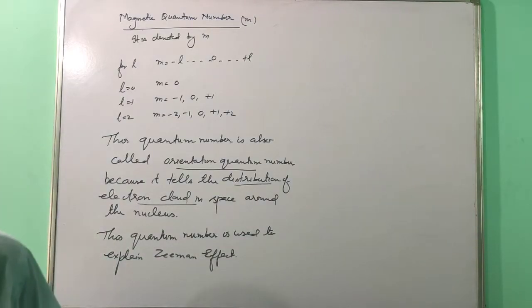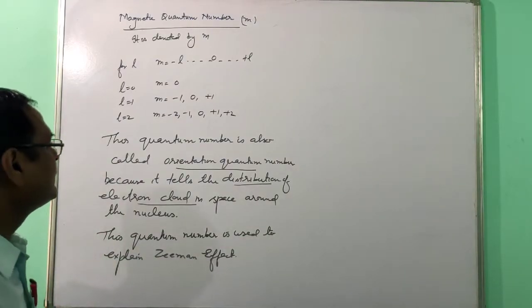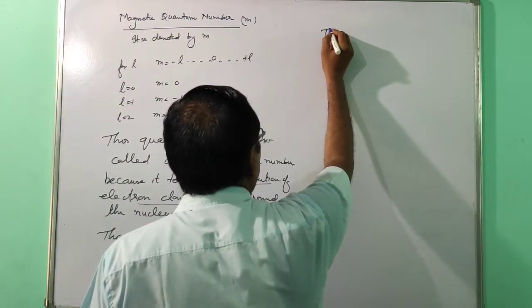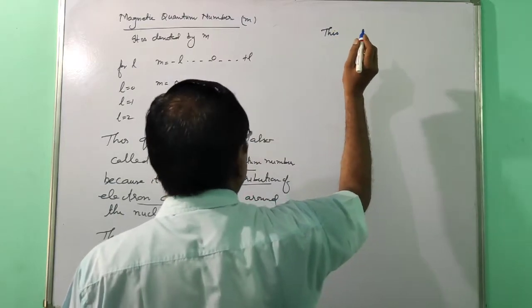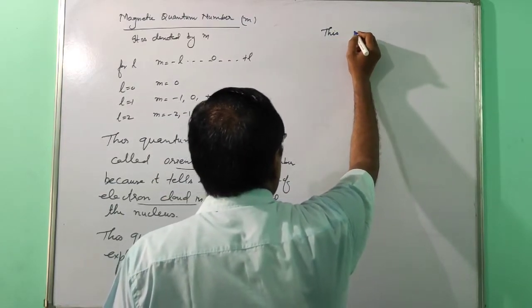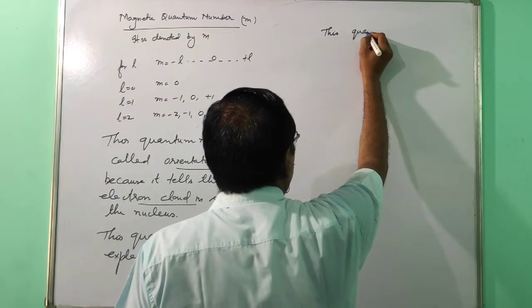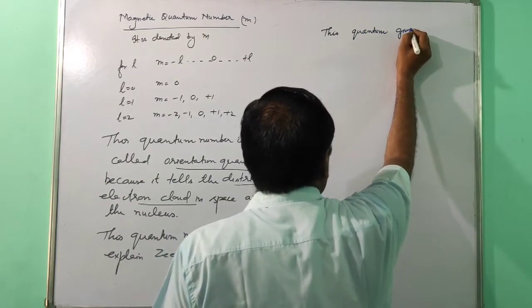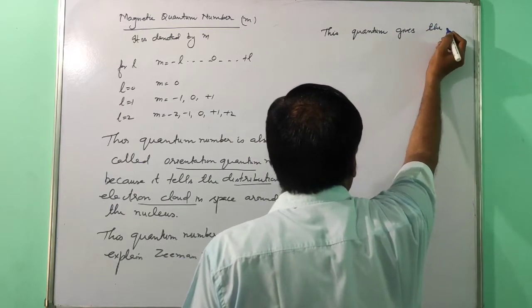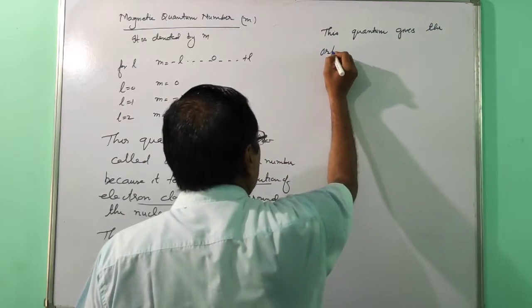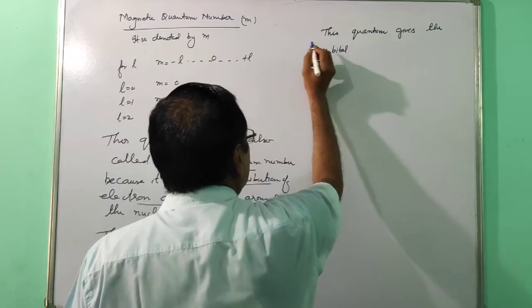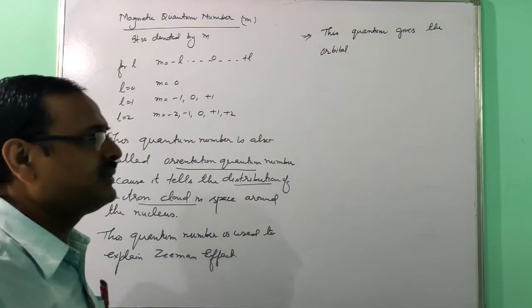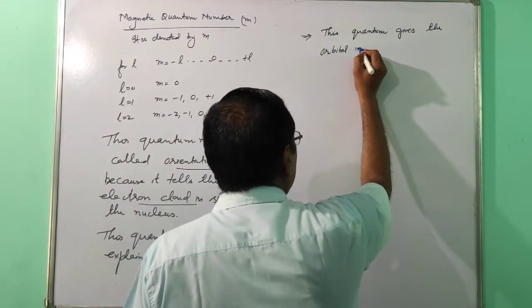Then what information are we getting? This quantum number gives the orbital in which the electron is present.